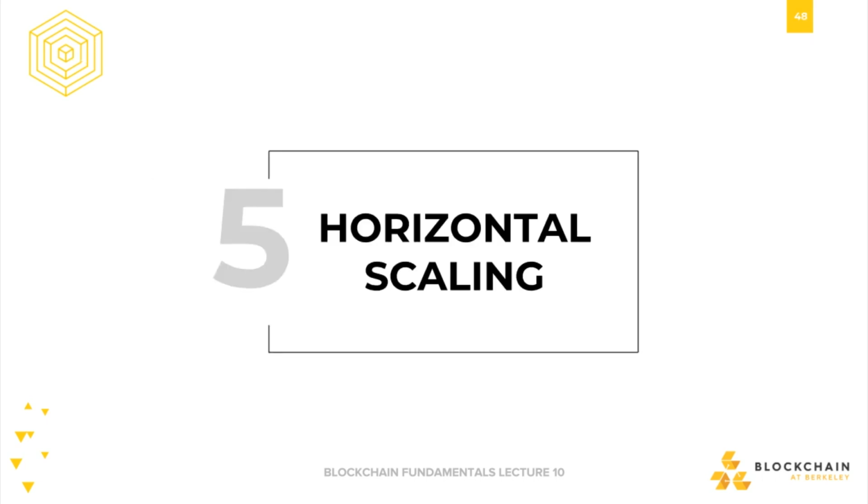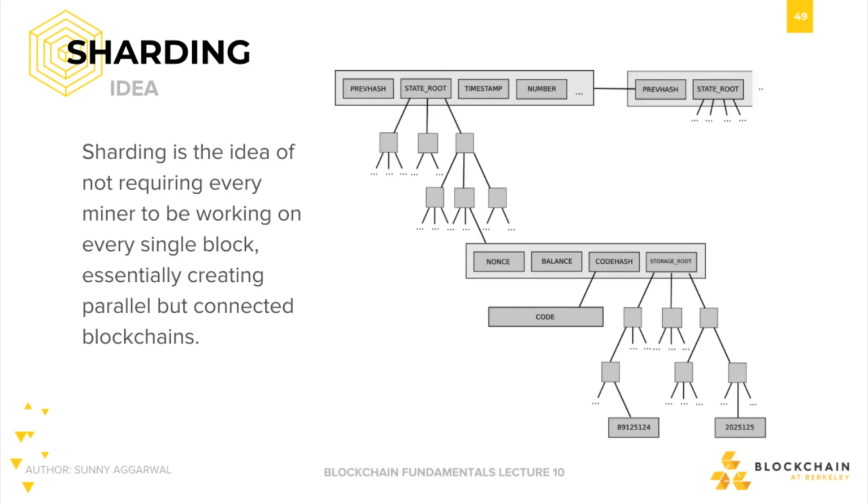So far we've been talking about vertical scaling, or this notion of adding more CPU and RAM to every single machine. But let's talk a little bit about adding more machines to the network. So that brings us to sharding. Sharding is this idea of not requiring every single miner to work on every single block, but instead parallelizing the whole process.